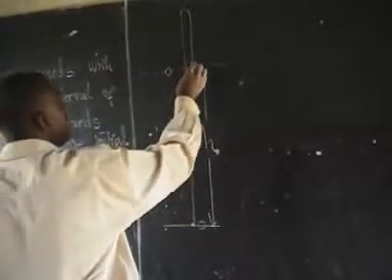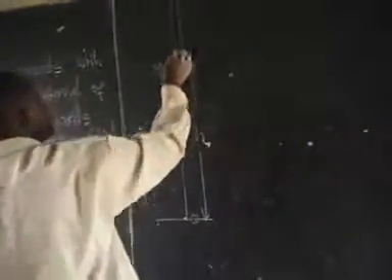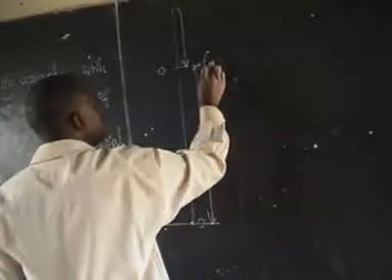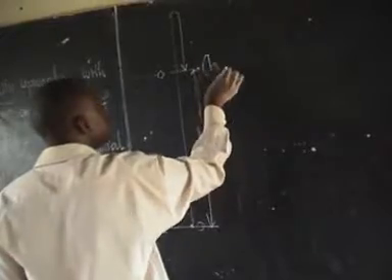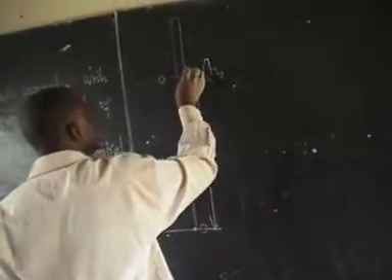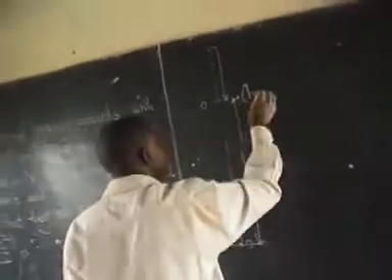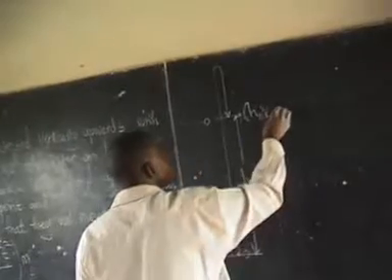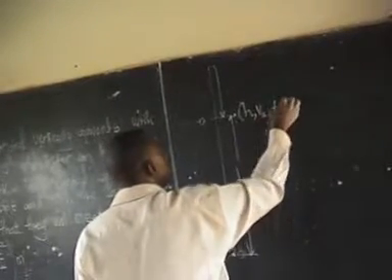So if this is my first tip, if it takes time t1 to reach here, the state of the particle here, I'm going to write h, whereby it can be the displacement. So if it's moving with the velocity v2, and if it has taken time t2, I can call this t2 there.